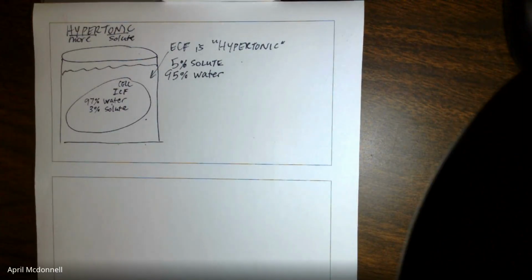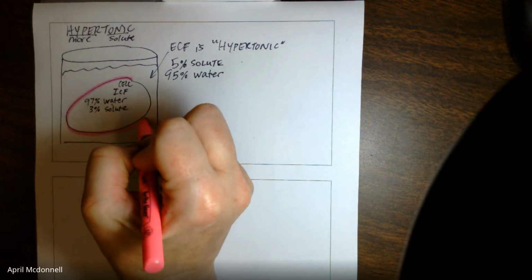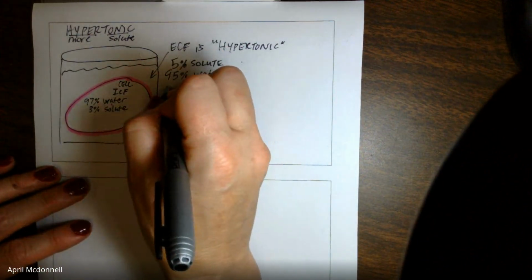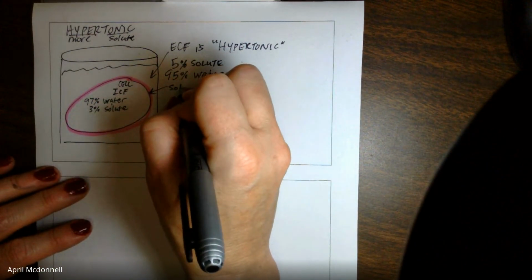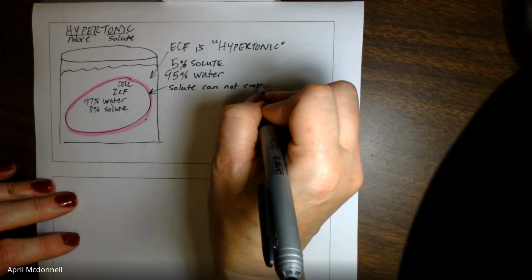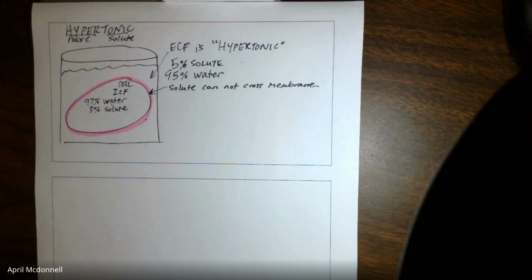Please do not forget that the plasma membrane is semi-permeable. It allows water to pass, but solute cannot cross the membrane. Again, the goal behind this is to understand some concepts.